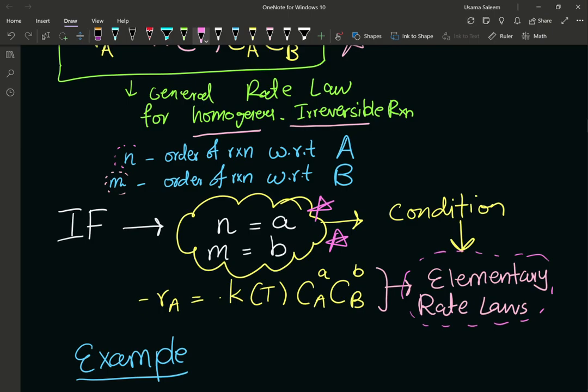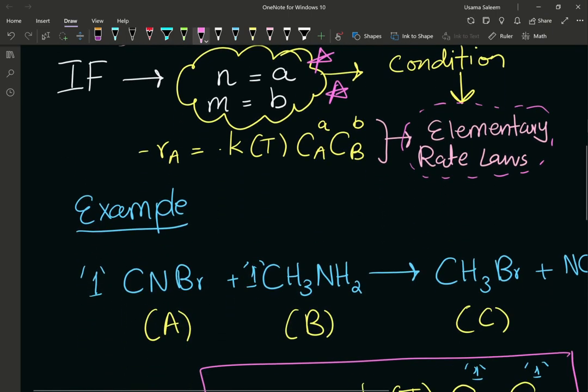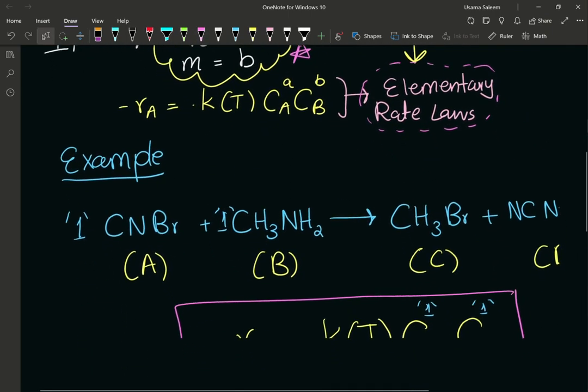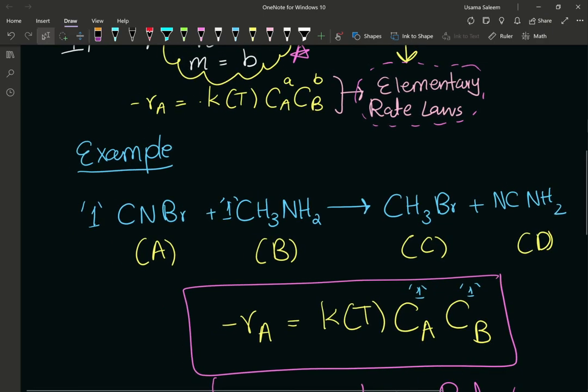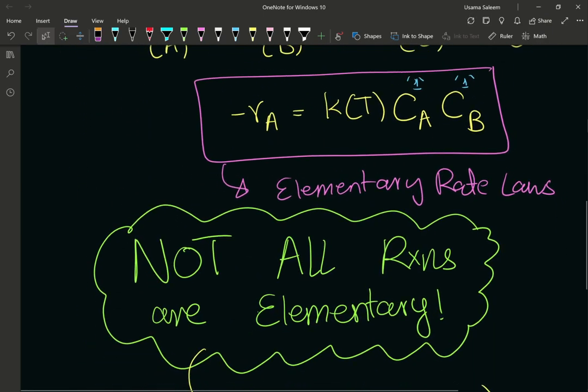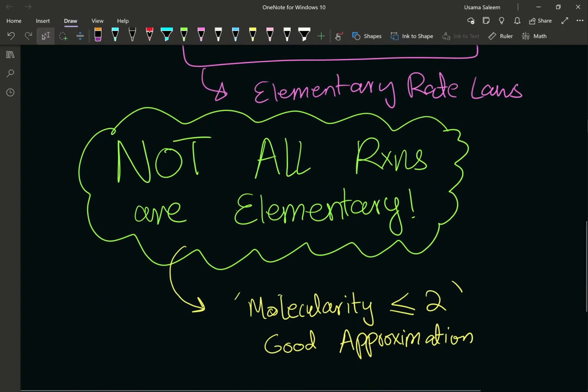If this is followed, if the orders are equal to the stoichiometric coefficients, then yeah, you have an elementary rate law. And I gave you an example of a reaction between cyanobromide and methylamine. All right guys, and just to give you a fair warning, not all reactions are elementary. That's going to be one of the biggest mistakes you're going to make if some of you assume elementary rate laws when it's not.